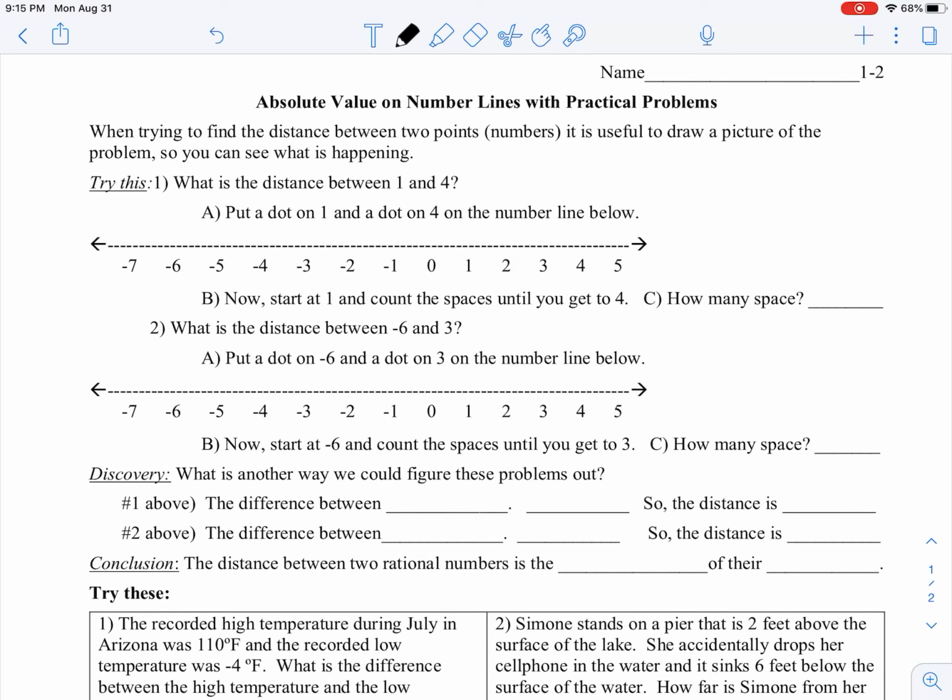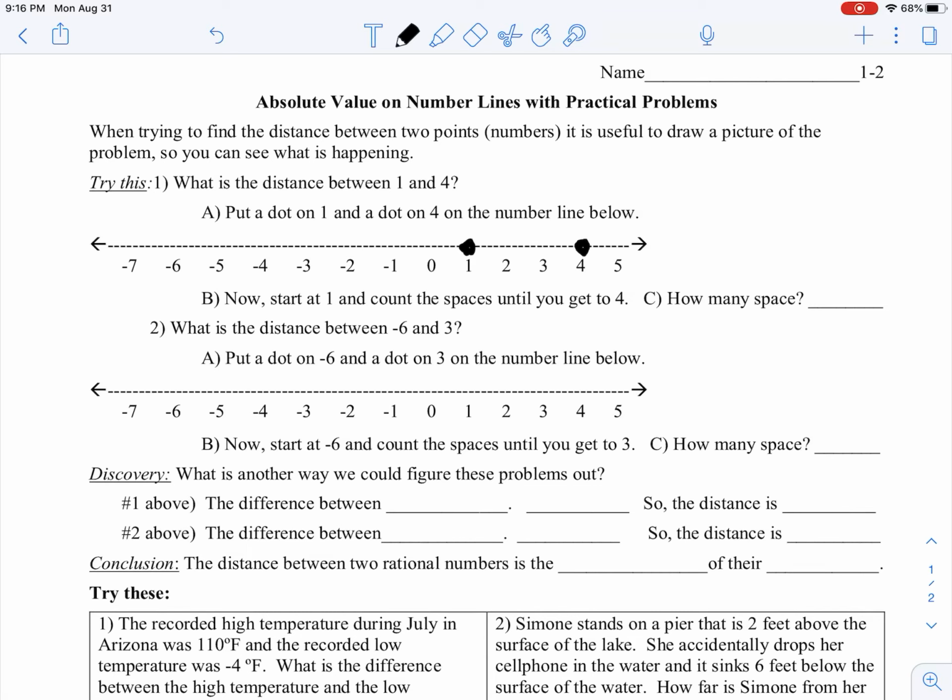For number 1 here, we're going to try: what is the distance between 1 and 4? We're given a nice little number line here. To find that distance, we're going to place a dot on number 1, and then another dot on the number 4 on our number line.